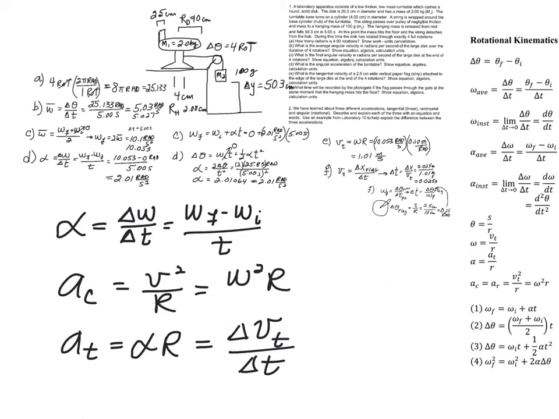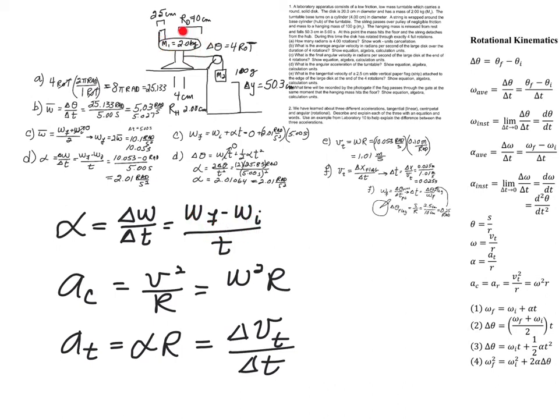The centripetal and tangential accelerations are linear accelerations and need to refer to an object. So notice the flag and the disk have the same angular acceleration. Their angular velocity changes at the same rate.